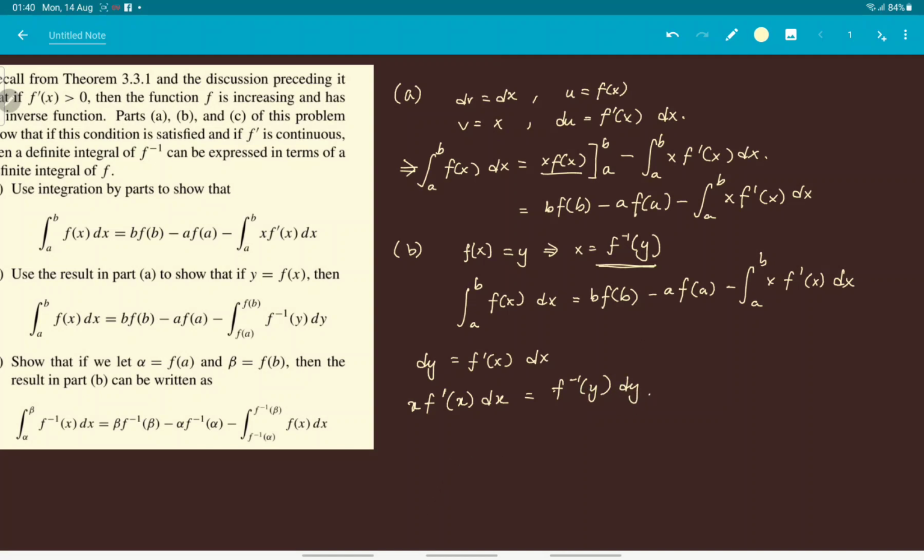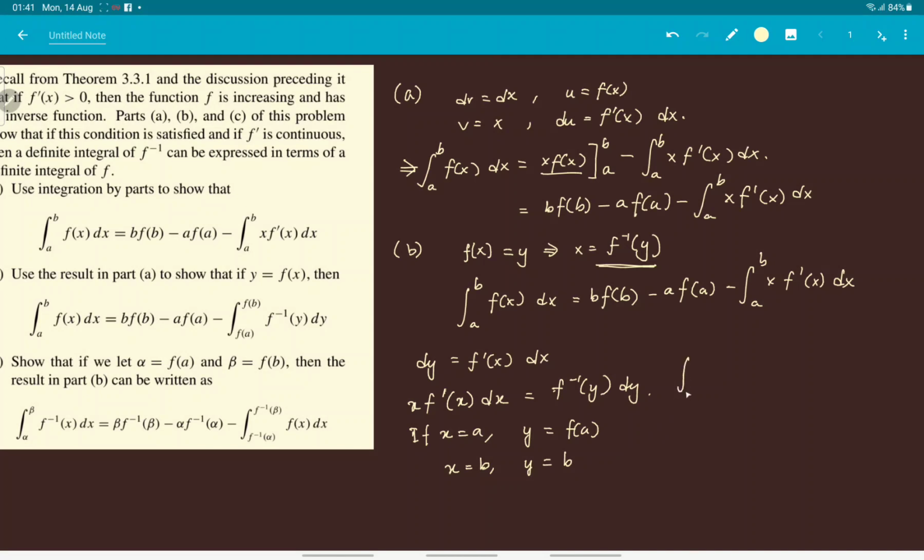But how can we change the limit? If x equals a, then y equals f(a), and if x equals b, y equals f(b).